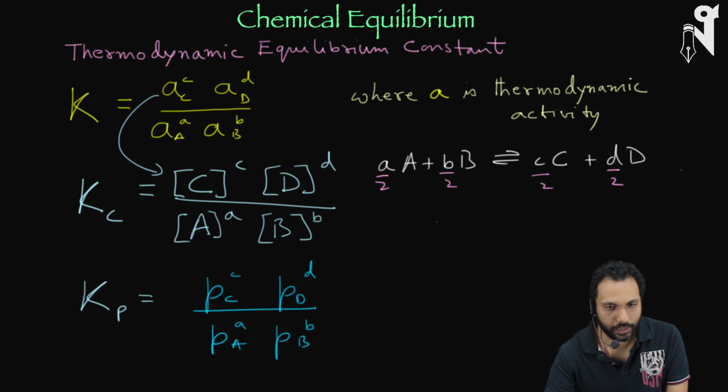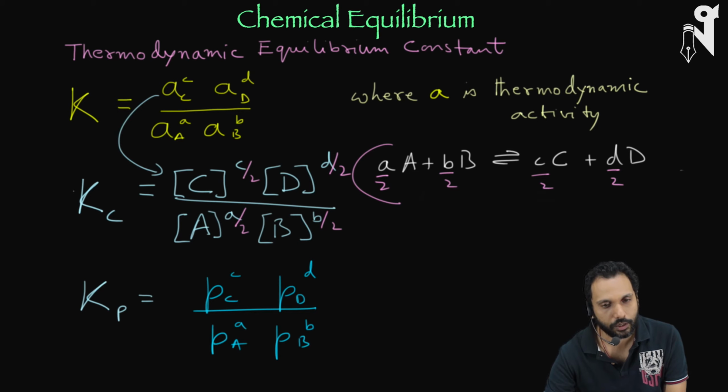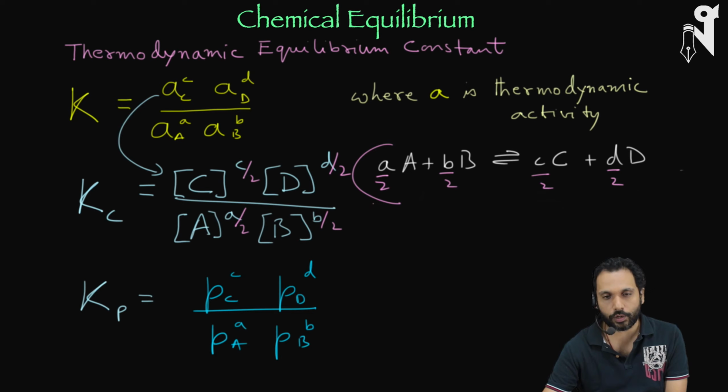No, it won't be. The K value for this reaction will have activity of C by 2, D by 2, A by 2, B by 2 in the expression. Will it be a constant? Yes, it will be a new constant. In our solving of numericals, will it make a difference? No, it won't.